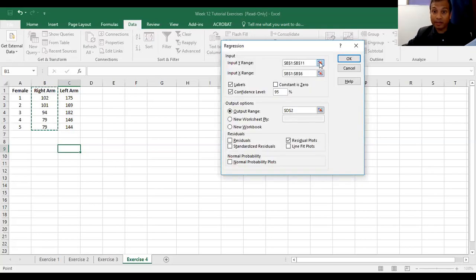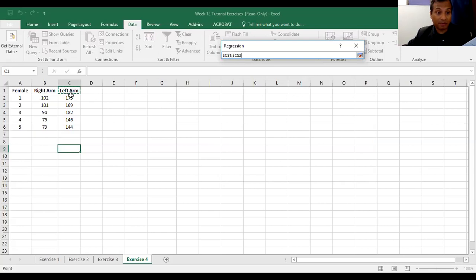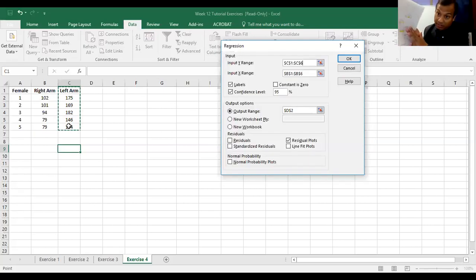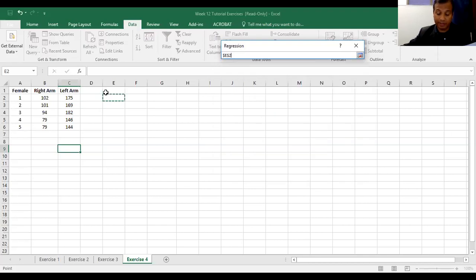Then the other one will become Y, so left arm will be Y. I'm just following this because the output is in such a way. Otherwise, we will have a different output. I'm just trying to match with what is given to you here. Other criteria will be the same. I want you to see the output here.